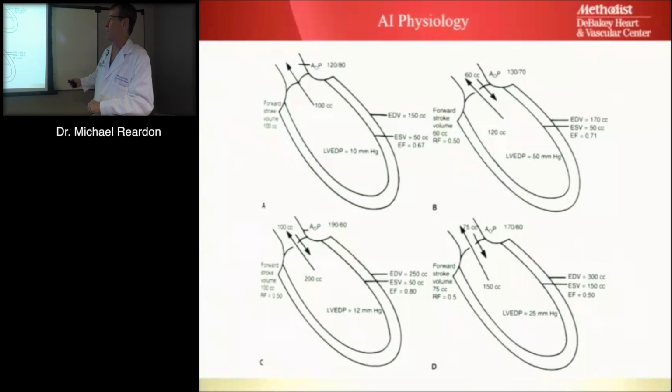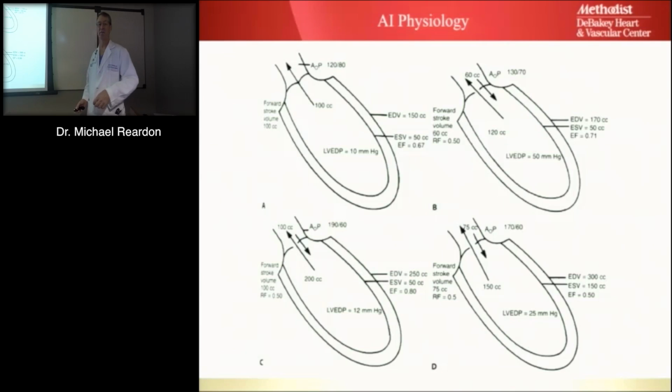Now all of a sudden if we go acutely and we stretch the heart, we can only fill up to about 170. We go down to 50 because there's a slightly increased ejection fraction. 60 goes forward, 60 comes back out of the 120. You've got a real problem. You've got half a cardiac output going forward.